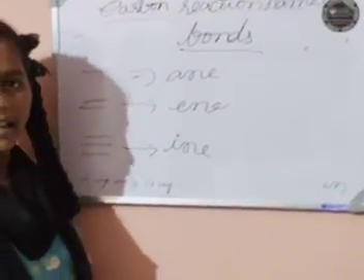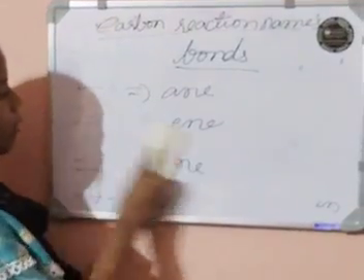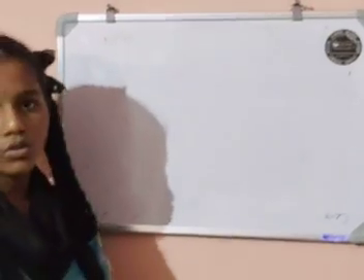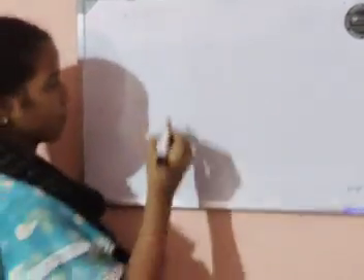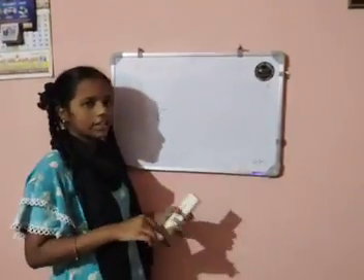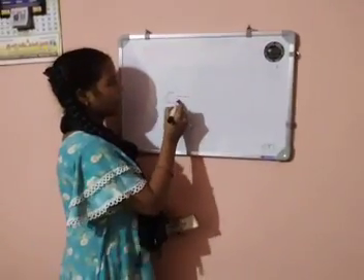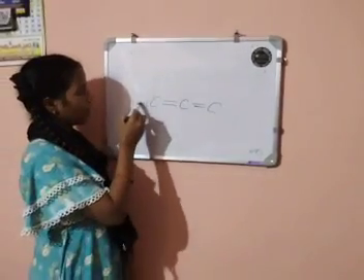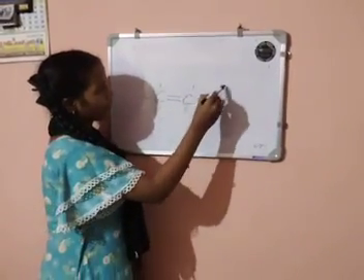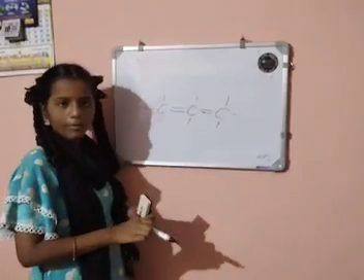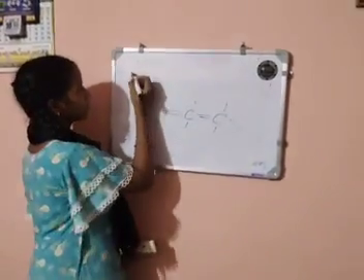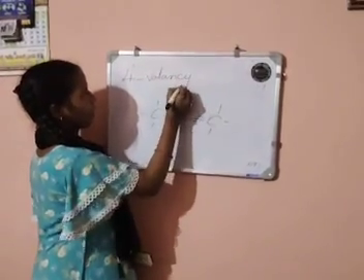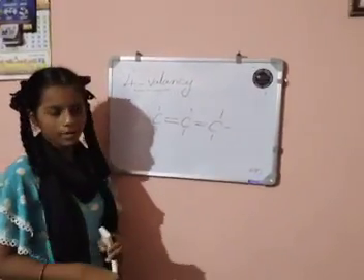For example, I'll give one example. I'll choose 3 carbons. Okay, I will take the double bond variety. Why these two? Every carbon has 4 bonds, which means the carbon has tetravalency, 4 valency.